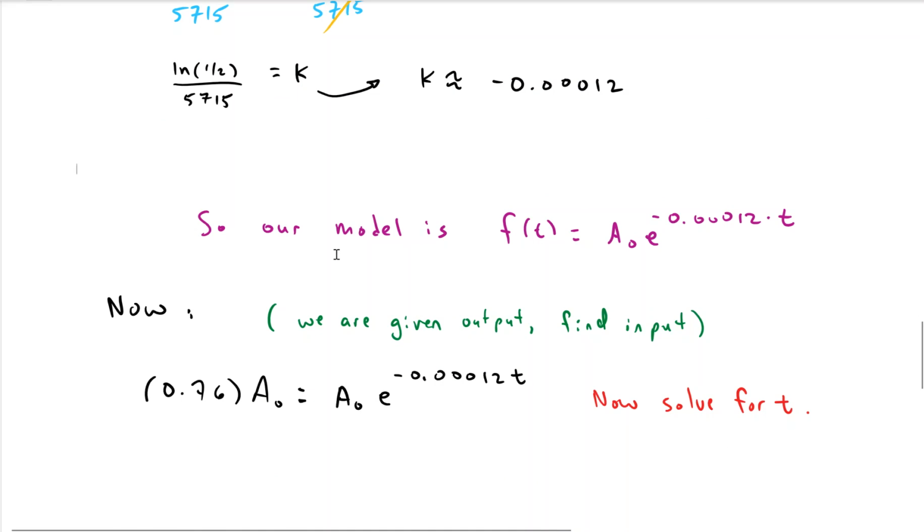They want us to tell them how old the Dead Sea Scrolls were when they were found in 1947. So we put in what we know and then solve for t. So we know the growth constant, we've already put that in, or the decay constant, I should say. We don't know how much was there of the carbon-14 when the plants were harvested, but that's okay because we know when they found the scrolls in 1947, they had 76% of what was originally there.